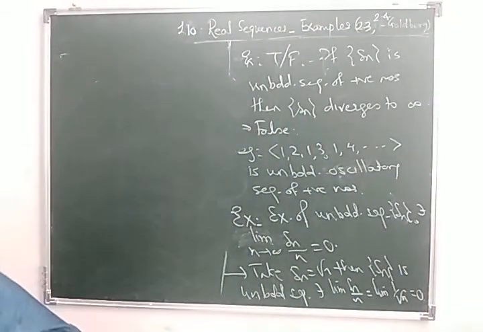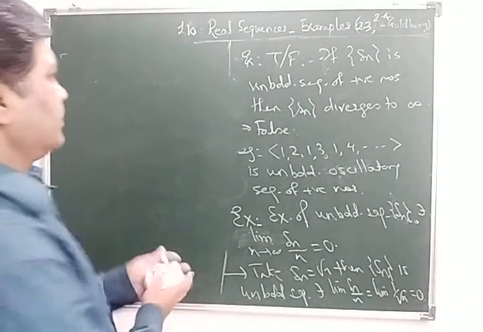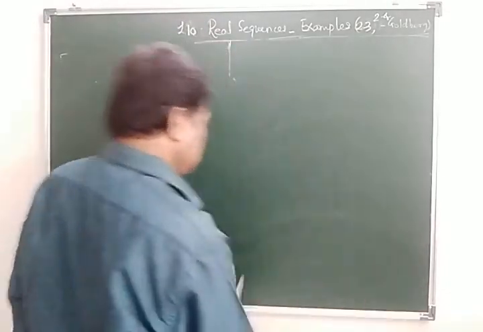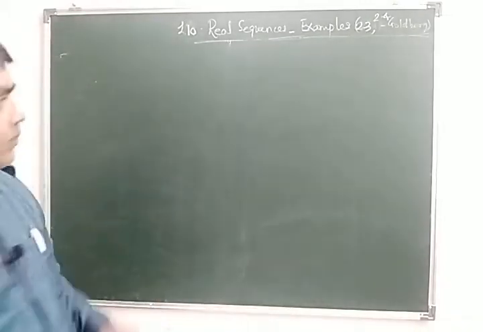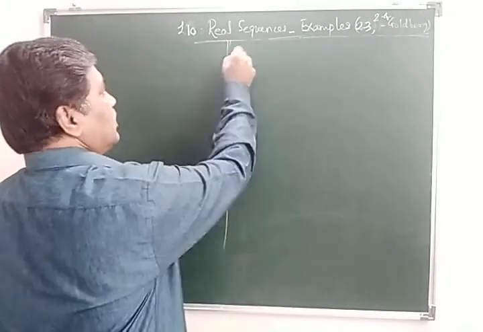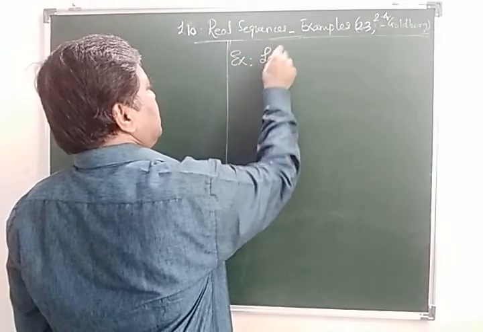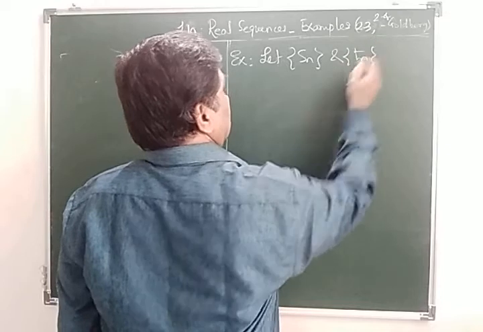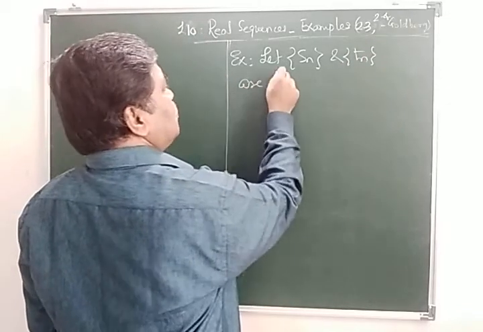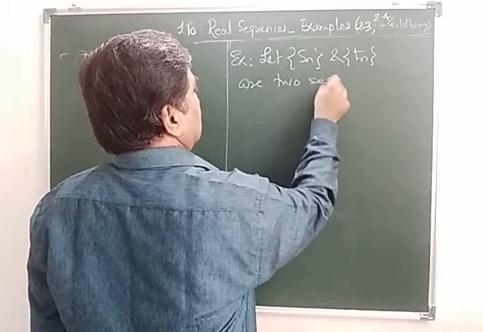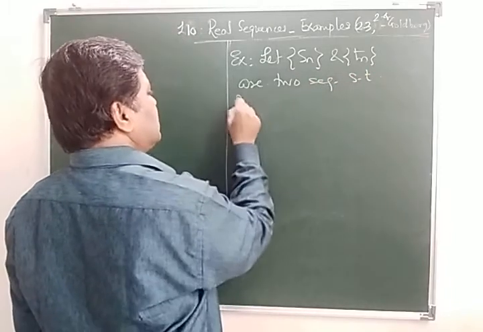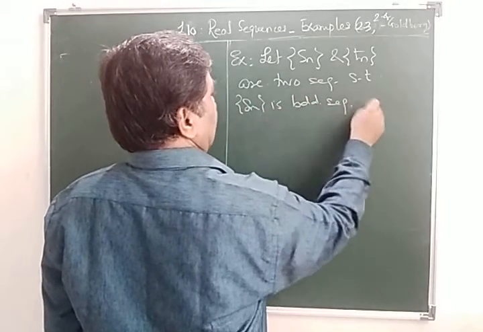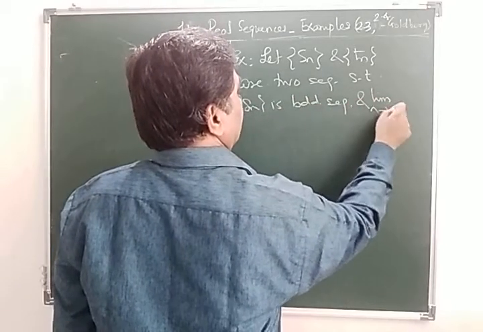But if you take two sequences Sn and Tn, next example: let Sn and Tn be two real sequences such that Sn is a bounded sequence and the limit as n tends to infinity of Tn is 0.